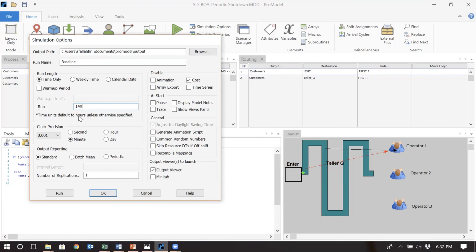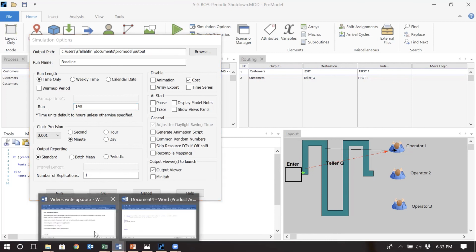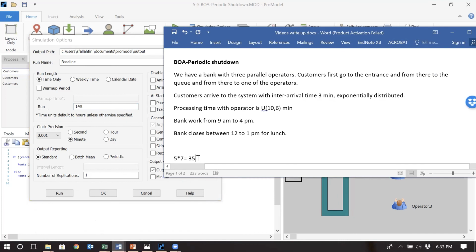Let's run the simulation for 140 hours. This 140 hours is equivalent to running the simulation for 1 month, for 1 working month continuously in the real world. Why? Because this bank worked from 9 a.m. to 4 p.m. That's 7 hours working each day, and each week has 5 working days.